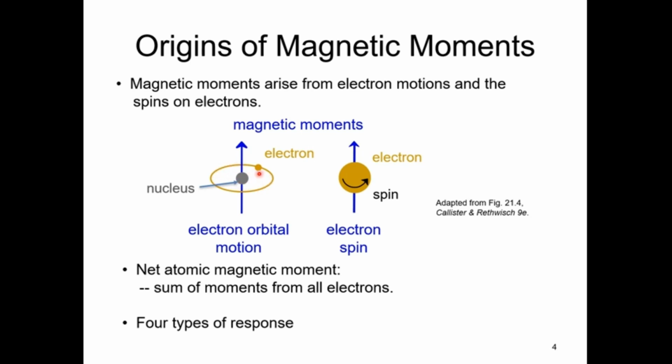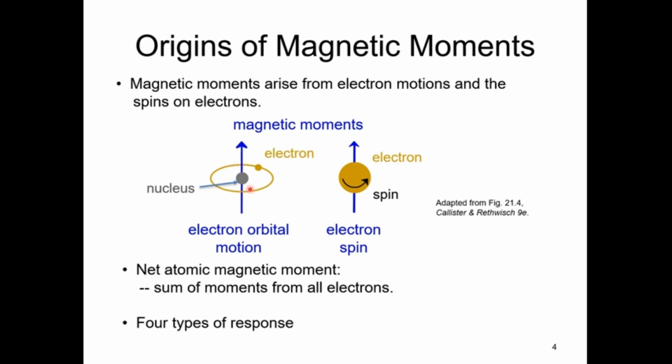It will move around the nucleus, and being a moving charge, an electron may be considered to be a small current loop, generating a very small magnetic field. So this is our direction of magnetic field. The electron moves around the nucleus and generates a magnetic field, and this gives a magnetic moment along its axis of rotation.